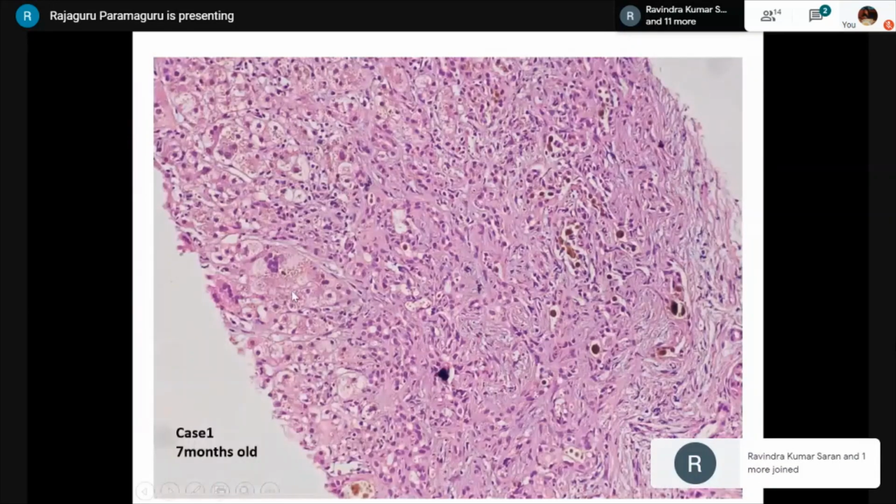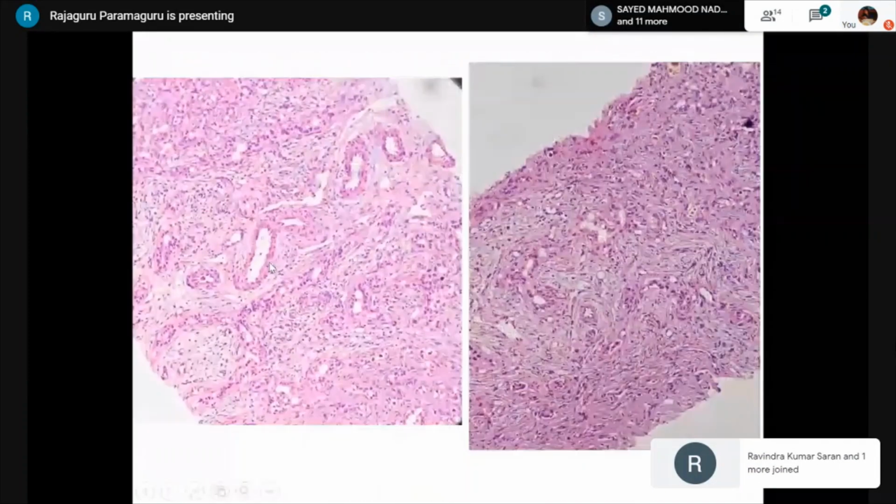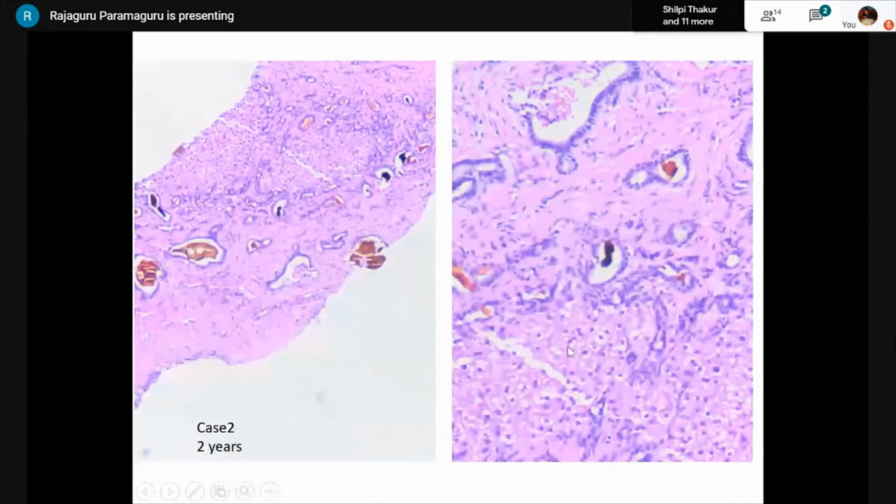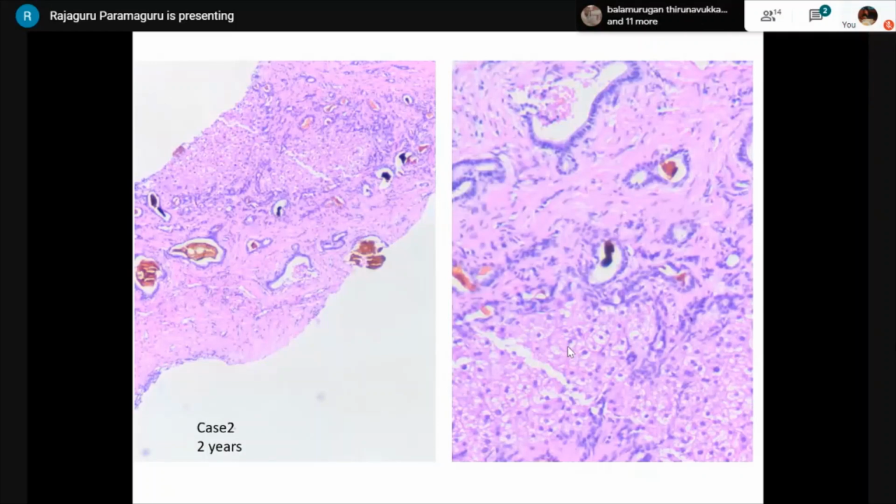Here you see a lot of changes, but in the other you don't see any change. Is anyone going to comment, or shall I go with the answer? Just wait. Anybody would like to make a comment?